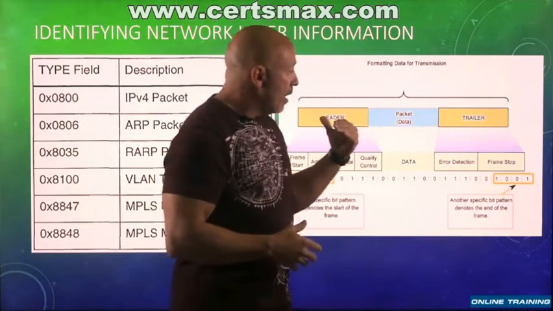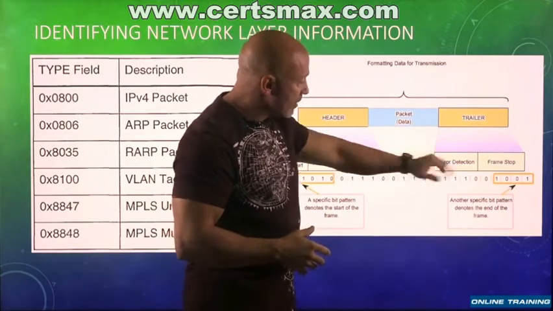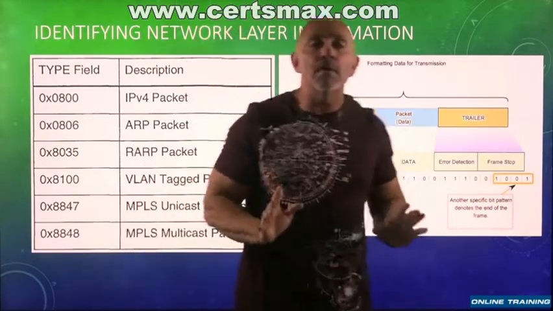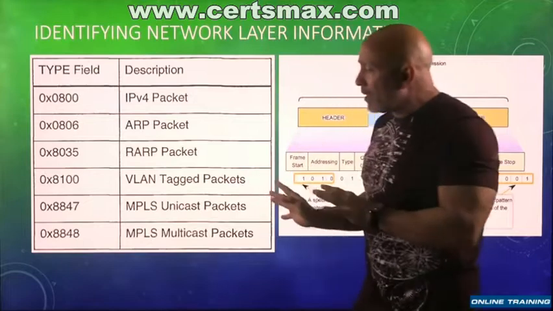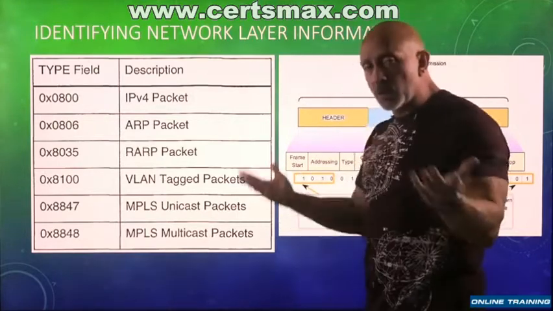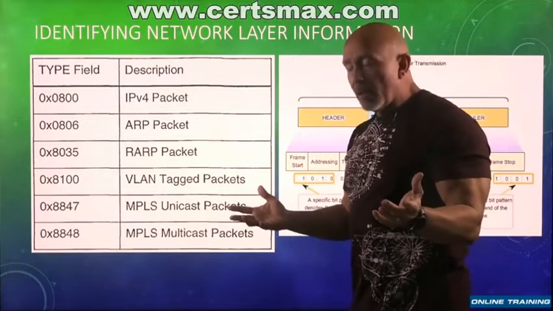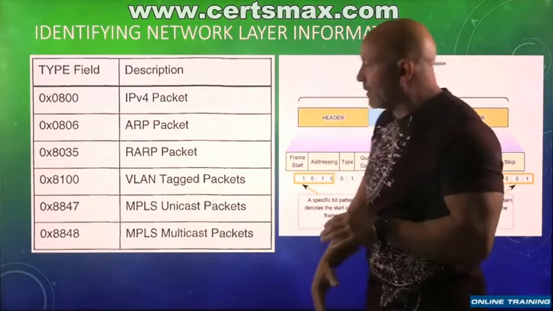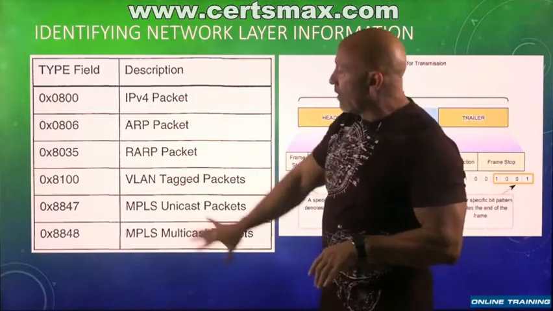So this is your FCS, this is your error detection, and this is your type field. That's it. That's all they want you to know. This could be a question, a multiple choice question, okay? But doubtful that there's going to be every last thing in here. And again, some of these are not even used.